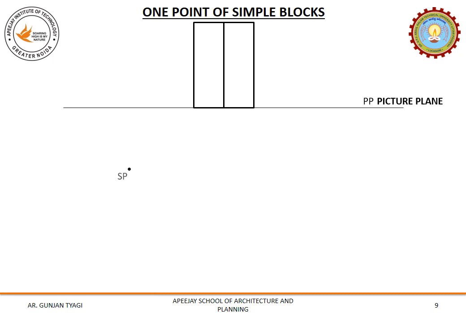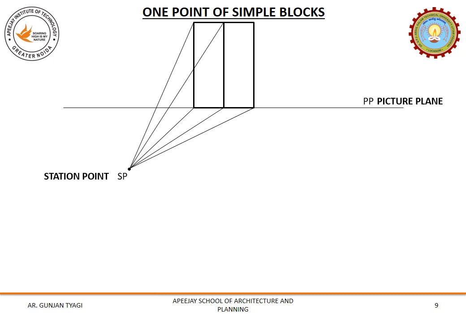Now we have the station point somewhere down the left of the object, or you may also have it on the right. Then I will join all the points of the plan to the station point. What we'll do next is we'll have the ground line.